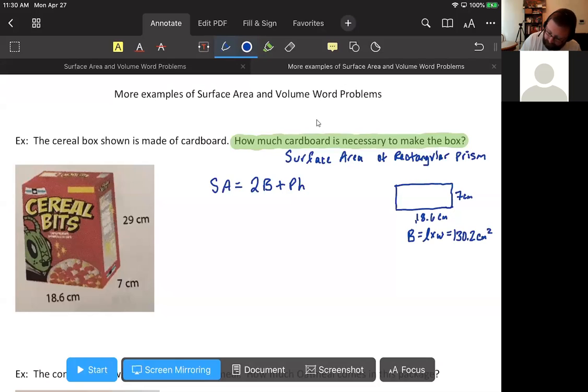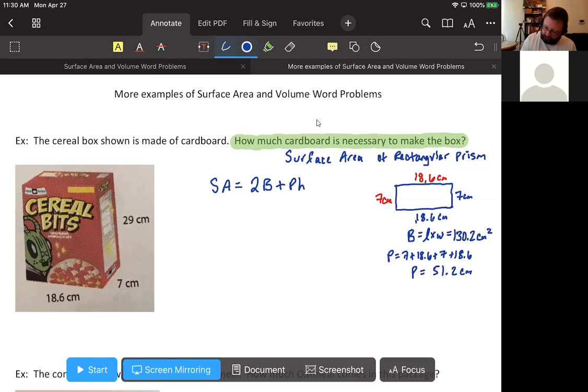And the perimeter of the base, you know, there is an equation for that. I prefer to just add up the sides. It's a rectangle, so the other two sides match the two that I've already drawn. We add those up: 7 plus 18.6 plus 7 plus 18.6, and we get 51.2 centimeters.